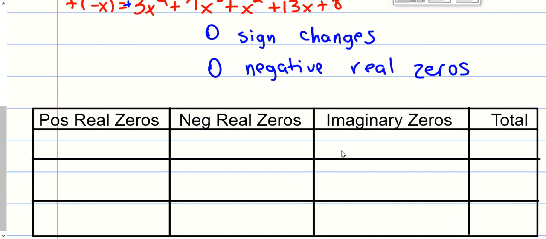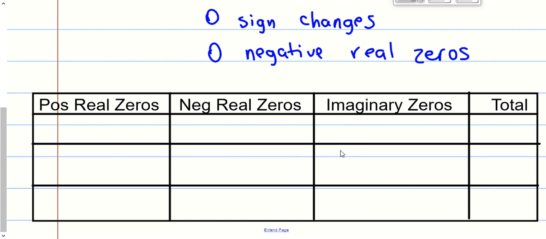So now, let's go down to this table. You may or may not always know how large to make this table, but on the negative, it's always 0 because that was our only option. So we're going to fill that all the way in. And our total, since we had 3x to the 4th, our total will be 4 all the way down. Our possible answers for positive real zeros were 4, 2, and 0.